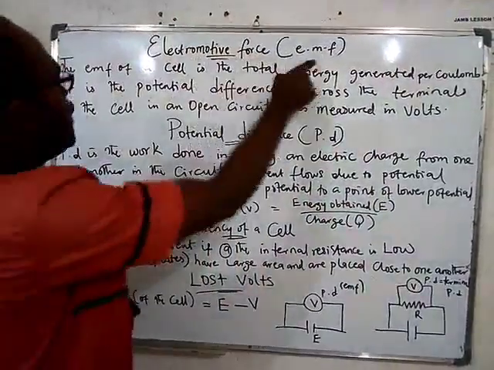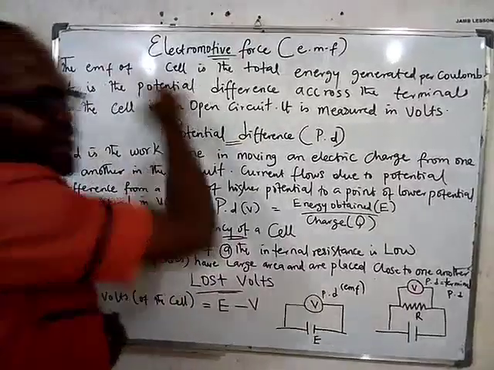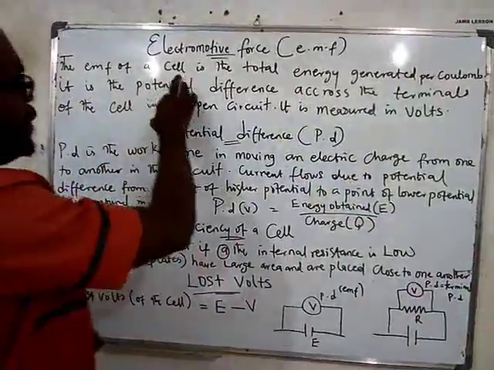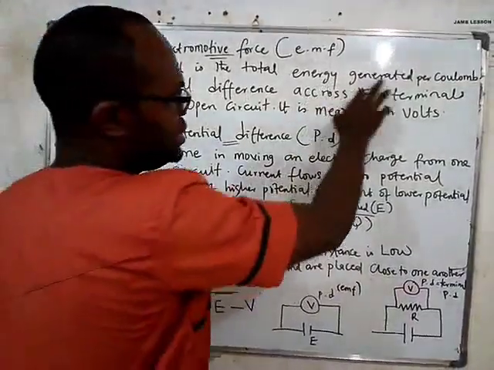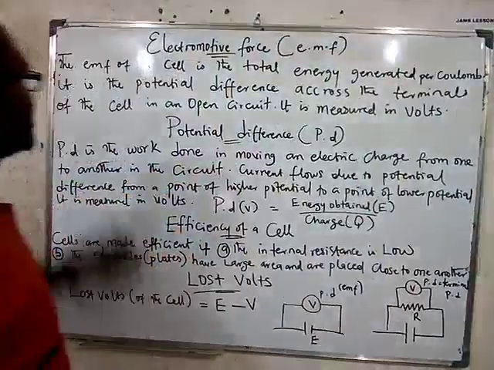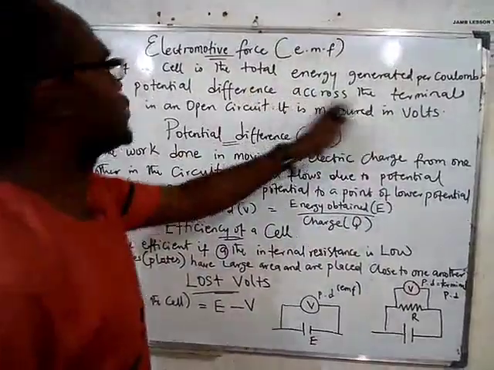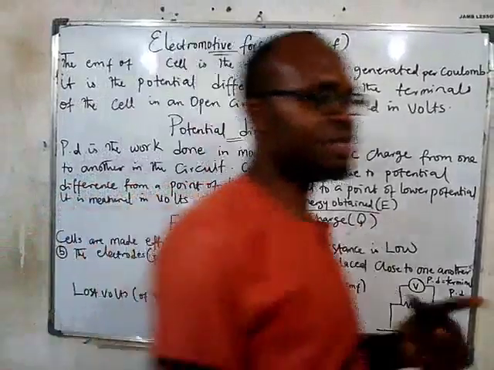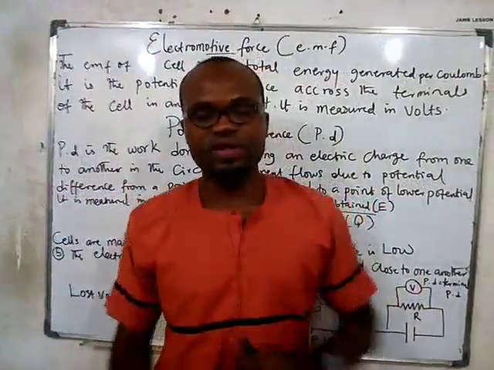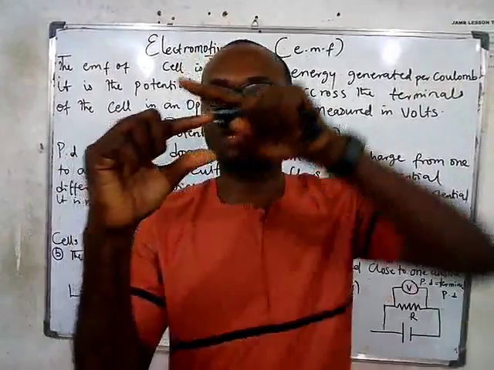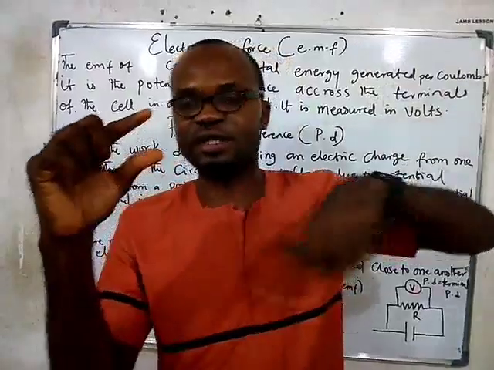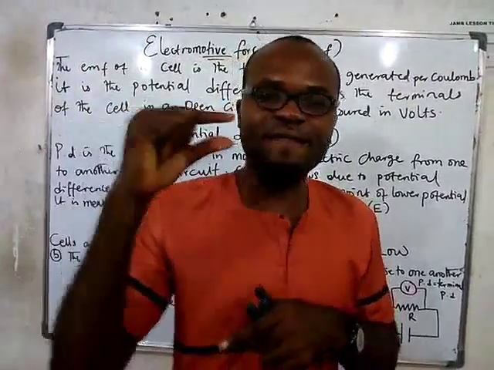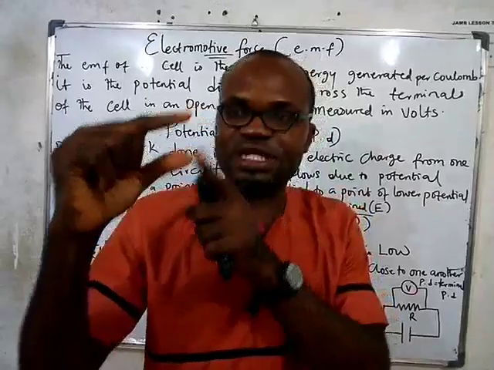So the electromotive force, EMF, is of the cell supplying the charges. The electromotive force of a cell is the total energy generated per coulomb. It is the potential difference across the terminals of the cell in an open circuit, and it is measured in volts. So for the battery to supply the charges that will move as a current around the circuit, there has to be a cell. And what is the force in the cell that enables the charges to move?